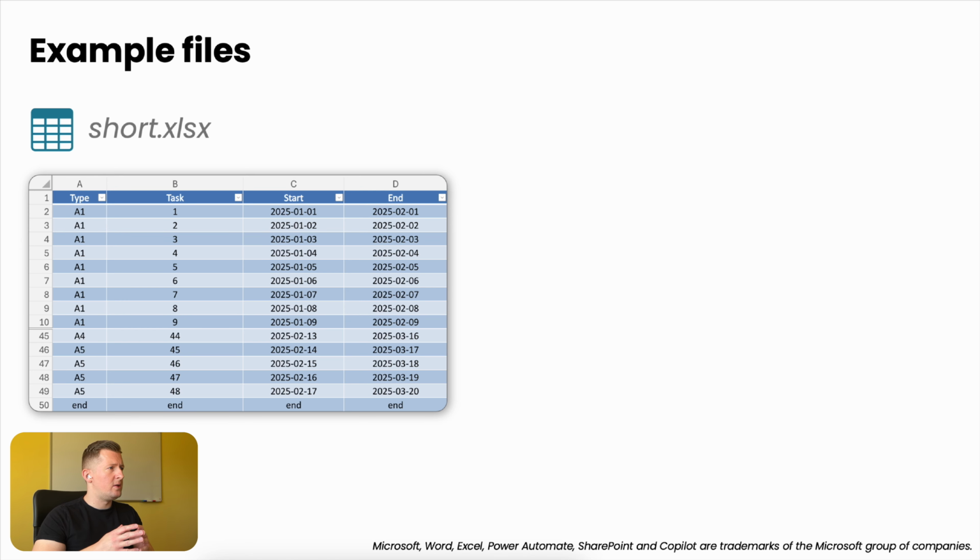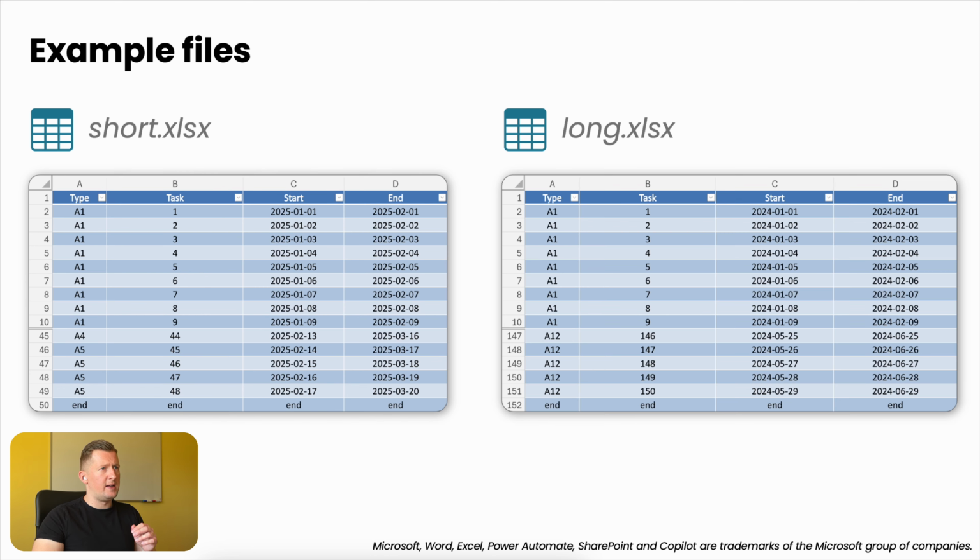The short one has 48 tasks in it, and the long Excel file is almost the same, having 150 tasks in it. The start and end dates differ in these two files in a way that in the short Excel file, we have the dates from 2025, and in the long one from 2024.